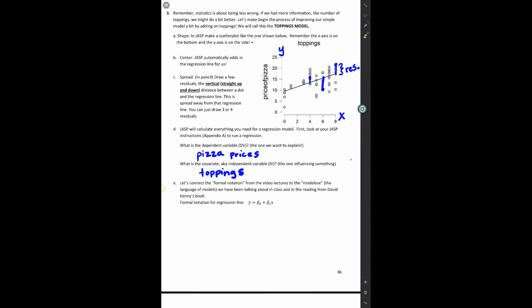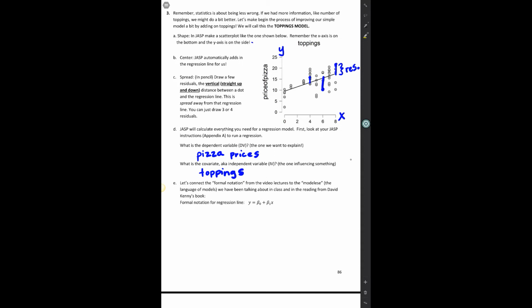Okay, now let's take a moment to connect the formal notation from the video lectures on regression to the modelese, or that language of models that we've been using in class that comes from the reading we had earlier this semester from David Kenny's book. So here we could see the formal notation for a regression line. Let's revisit the modelese from the reading that we had.